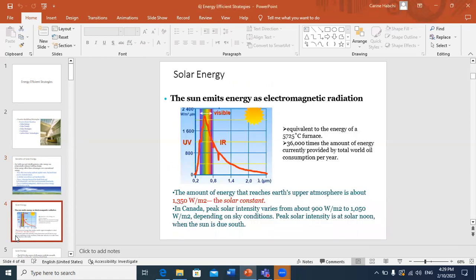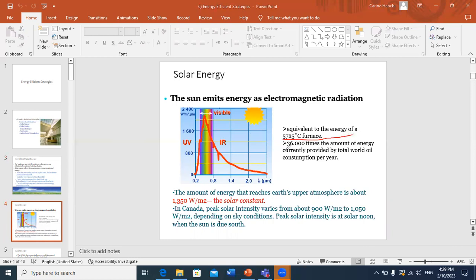Now, whenever we study solar energy, we should know just some properties about the sun. So the sun emits energy as electromagnetic radiation, and it's equivalent to the energy of 5,725 degrees Fahrenheit. So imagine the high amount of energy delivered.